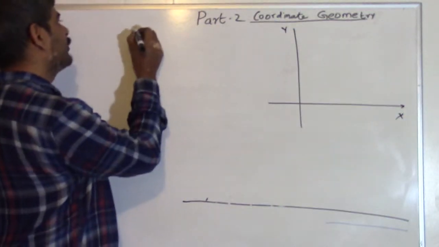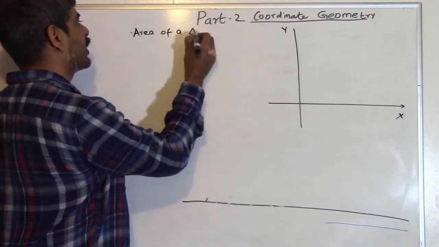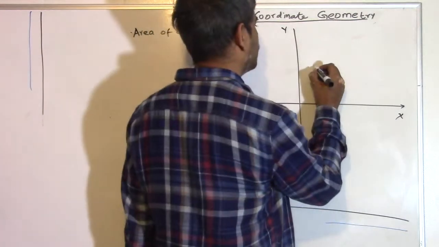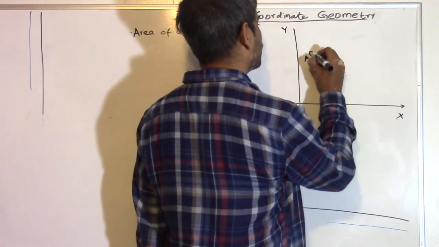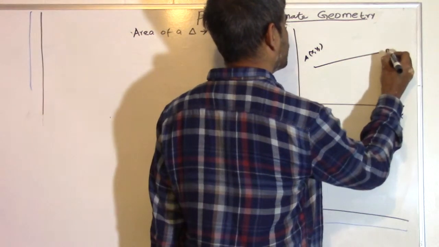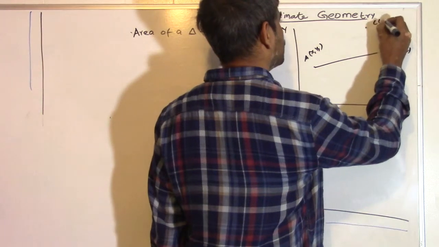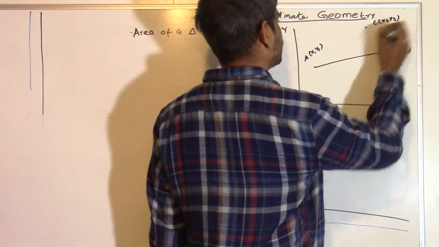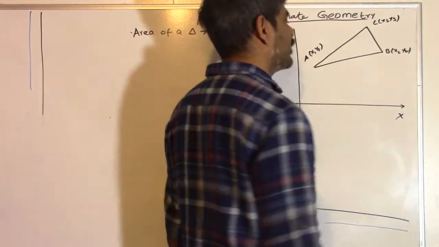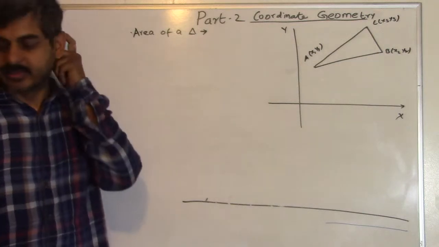We're trying to derive the area of a triangle, and we are given 3 points. A has the coordinate x1, y1, and then we have B as x2, y2, and C, which is x3 and y3. We join these points, and we are trying to find the area of this triangle.